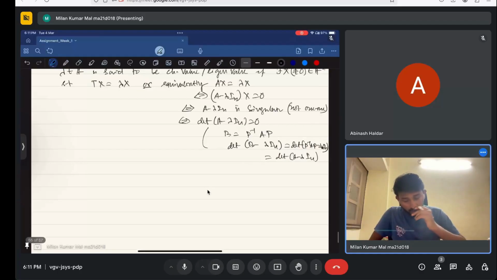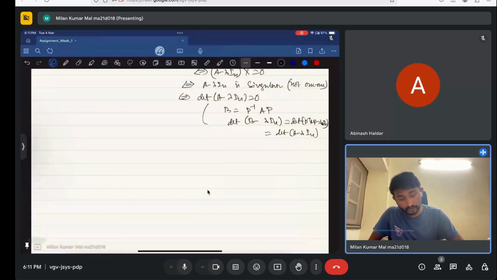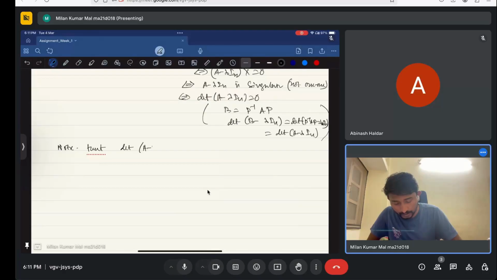Now note one point here: the determinant of (A - lambda I) is a monic polynomial of degree n.